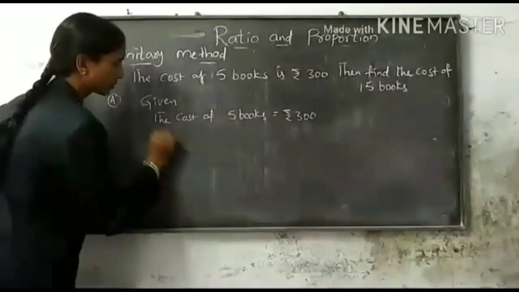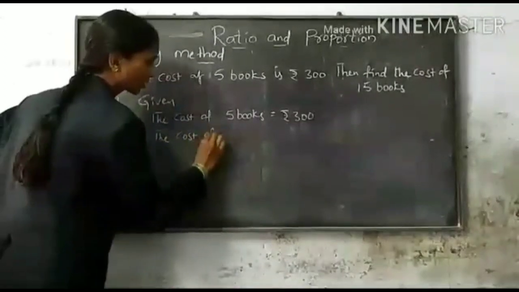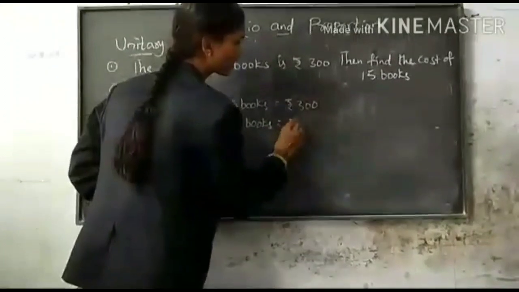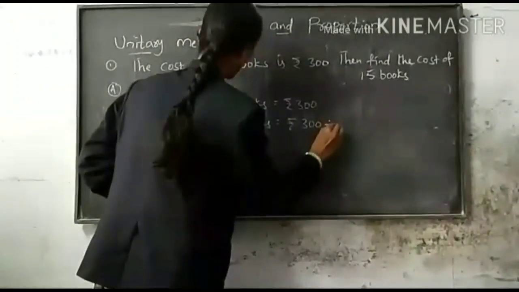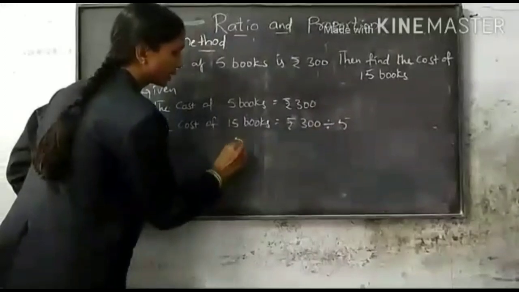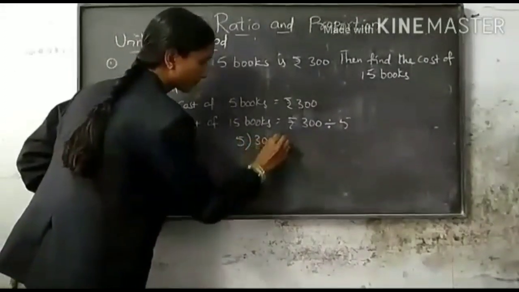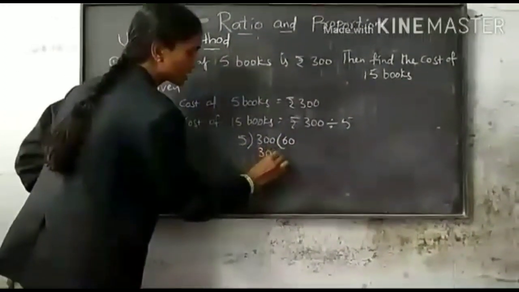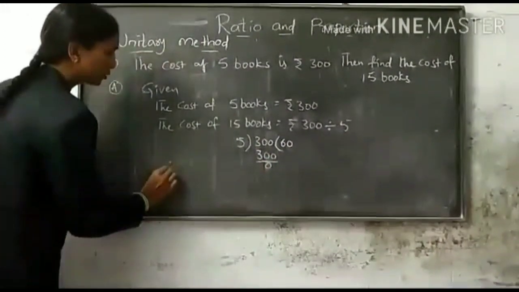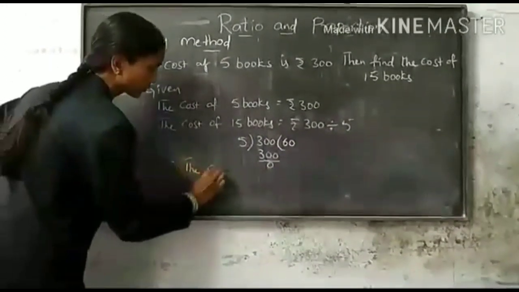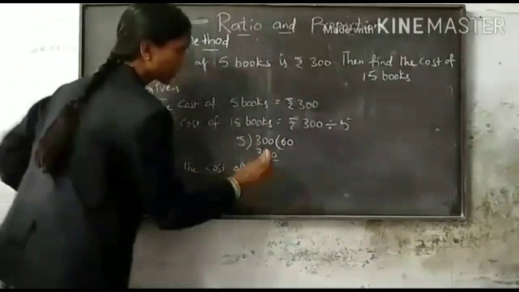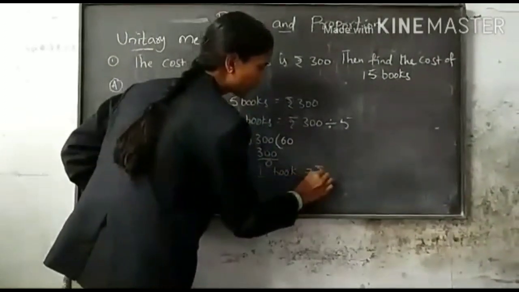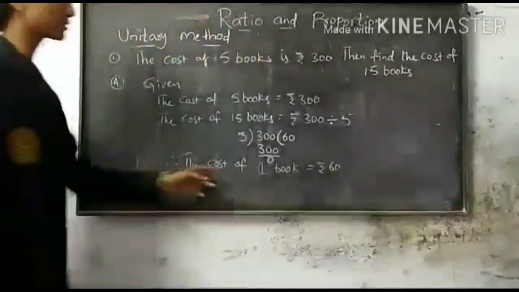The cost of 15 books is equal to rupees 300 divided by 5. 5 sixes are 30, or else 5 sixties are 300, we can write. Therefore the cost of one book is equal to rupees 60. Now we have got the cost of one book.